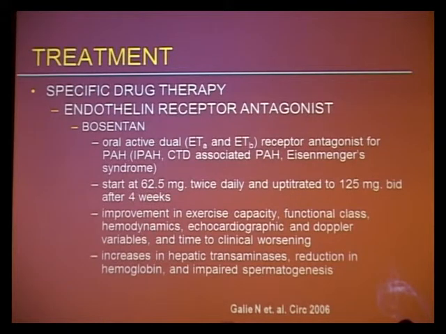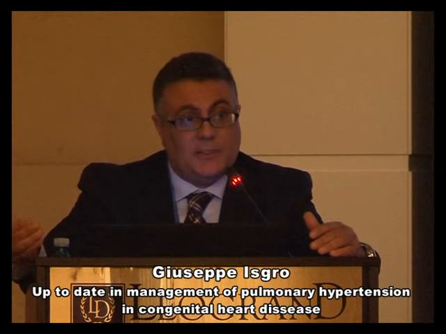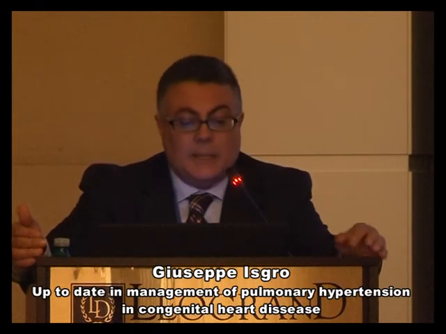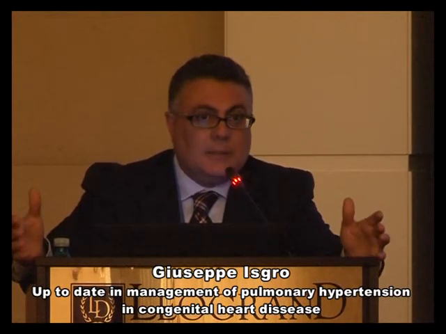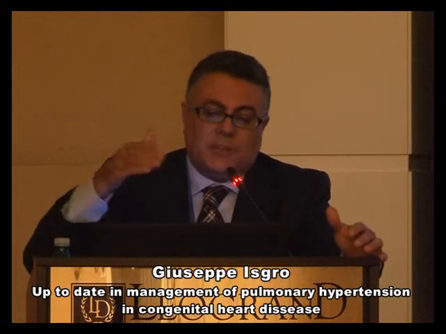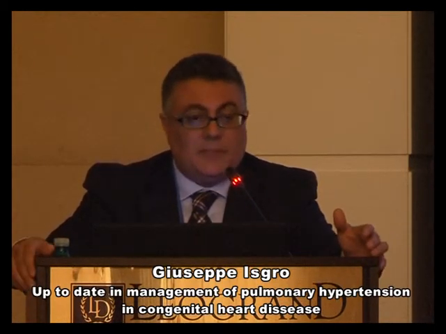Sometimes we treat adult congenital patients with Bosentan for 6 months prior to surgical operation. And then we come back to use Bosentan after the operation in those patients for another 6 months, and then we control the pulmonary pressure, and we try to titrate the administration to the condition of the patient after the surgery.